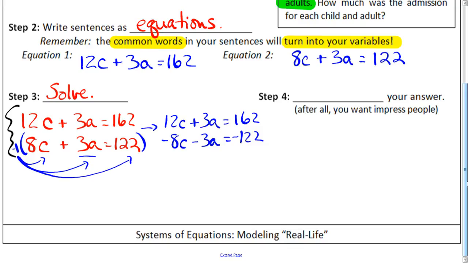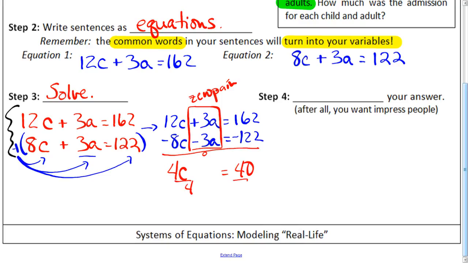And so already, as hopefully you can see, that is my zero pair. So when I add these up, and when I say add, so when I combine these, I'm going to go 12C minus 8C. That becomes 4C. This is 0, so we don't have to worry about that. Equals 40. So you end up here with an answer that C is equal to 10.